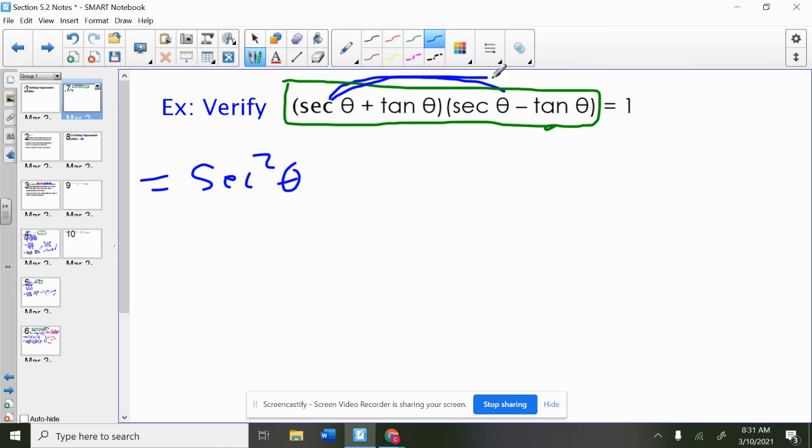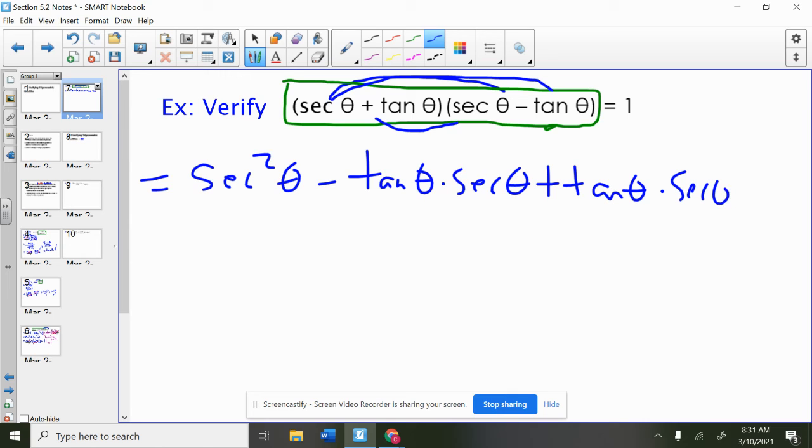Then secant times negative tangent, that's negative tangent secant. Then tangent times secant, that's a plus tangent secant. And then last one, tangent times a negative tangent, that's negative tangent squared.